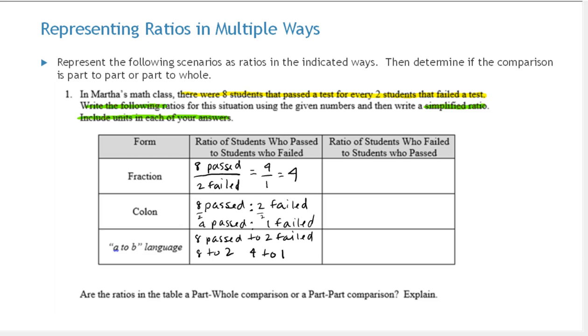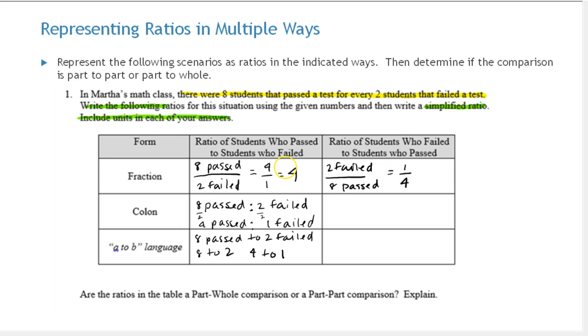Okay. Now we're going to write the ratio of students who failed to the students who passed. So basically this is just reversing the direction. So 2 failed for the 8 that passed. And notice if we simplify this, dividing by 2, our ratio is 1 over 4, or 1/4.